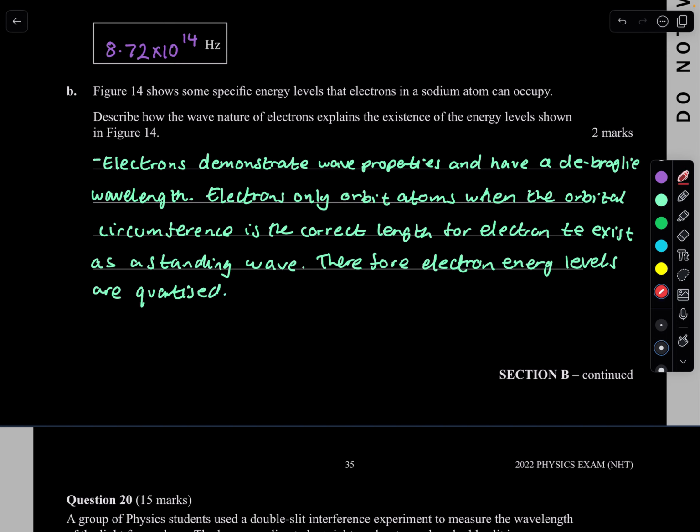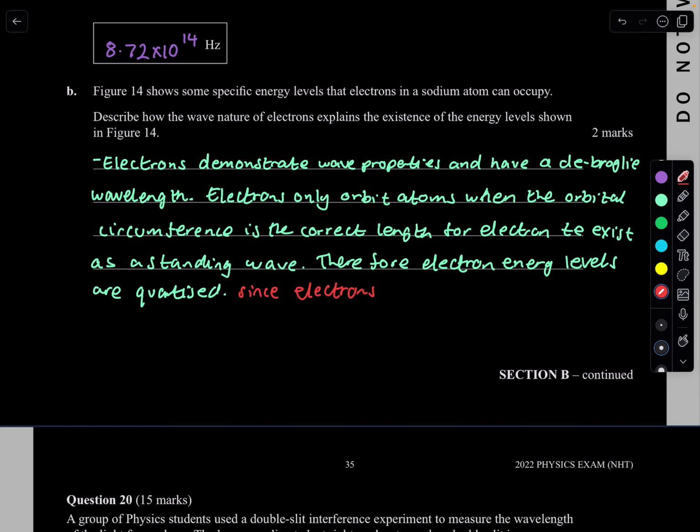And a little extra thing that you can say is, for a standing wave to form, the orbital circumference has to be a whole number multiple of the electron's de Broglie wavelength.